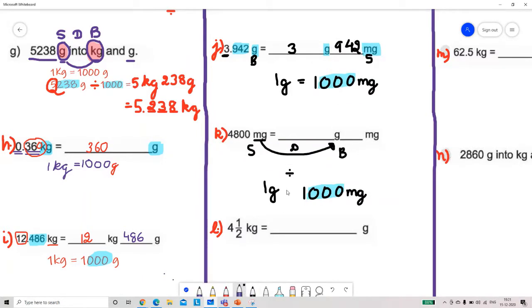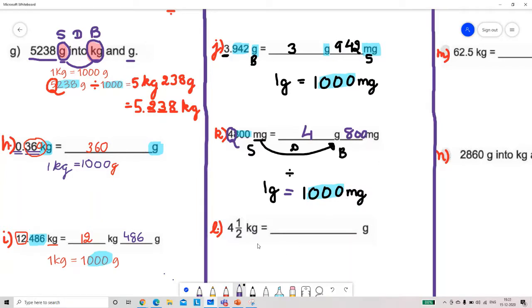Means we have to divide by 1000. Now 1000 has how many zeros? 3 zeros. So last 3 digits will become remainder, and the first digit, the 4, will become our quotient. Quotient means main answer. So main answer, that is 4 grams, and how many milligrams? 800 milligrams.